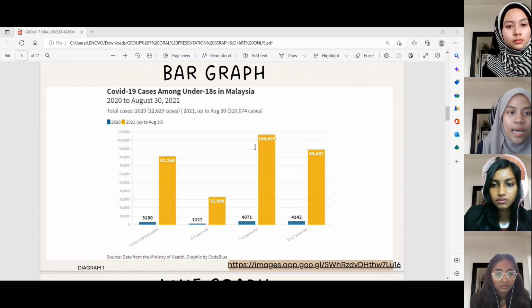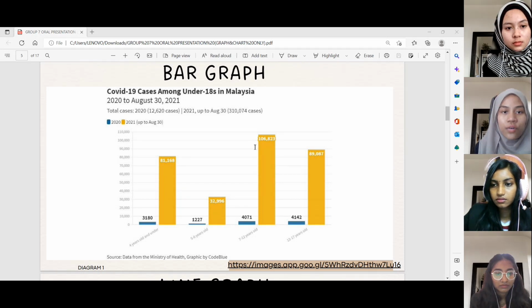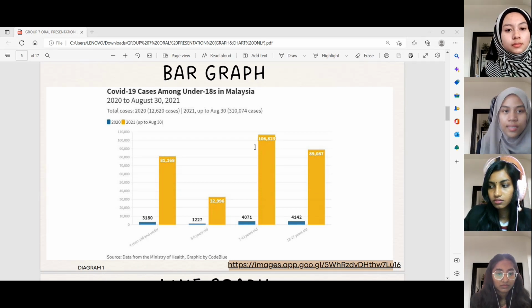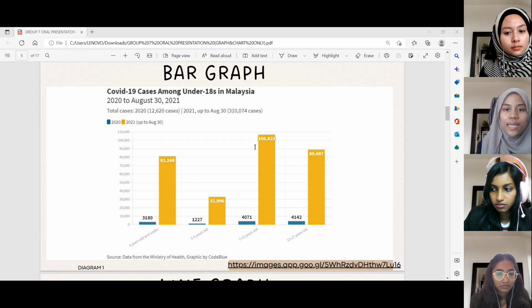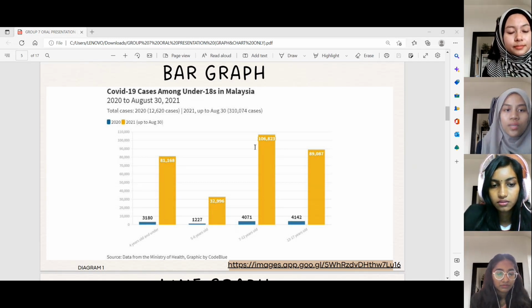For comparison, for 2020, the number of cases for children aged 4 years old and under was slightly higher than for 5 to 6 years old. It can be seen that there were 3,180 cases recorded for children aged 4 years old and under, and only 1,227 cases were recorded for children aged 5 to 6 years old.